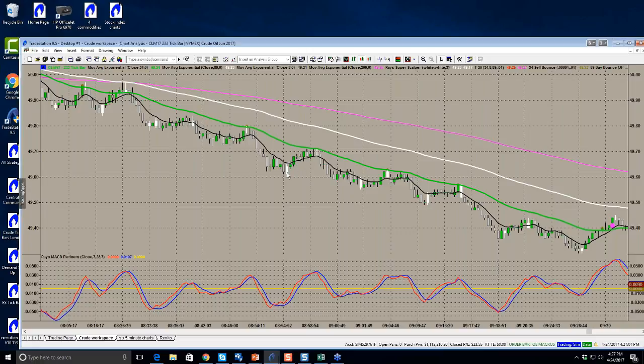This in TradeStation, between that low and hitting the 34 is 1, 2, 3, 4, 5, 6, 7, 8, or 9 bars. And I'll talk about that in just a second.